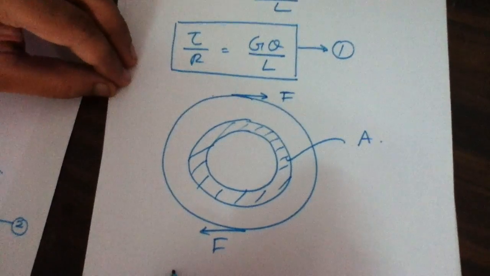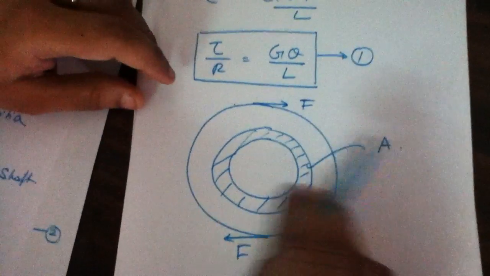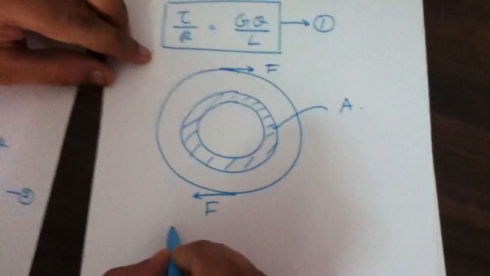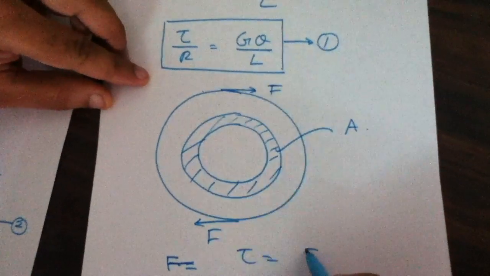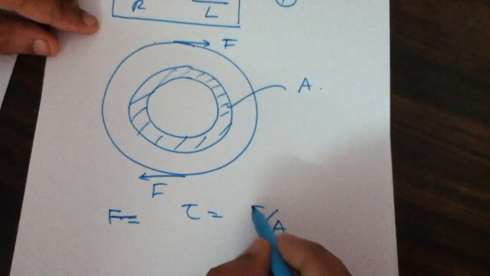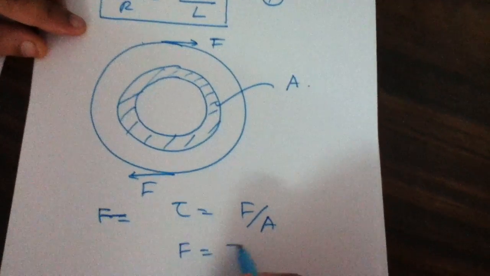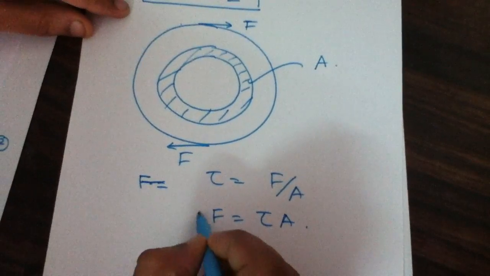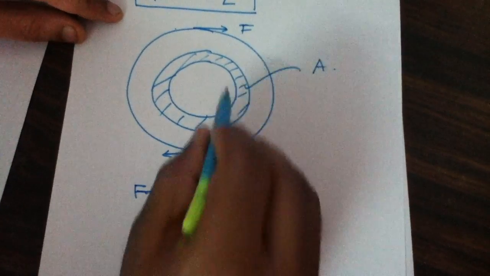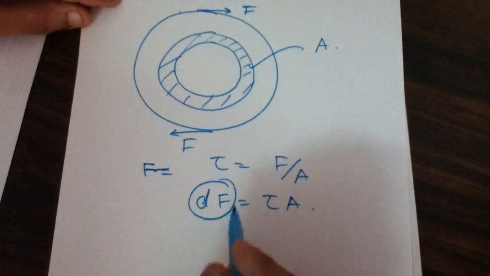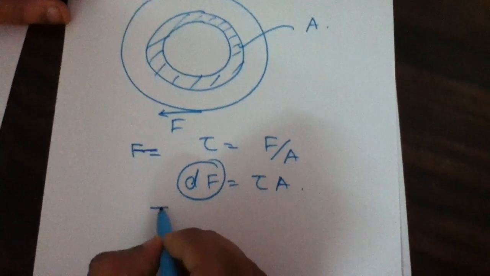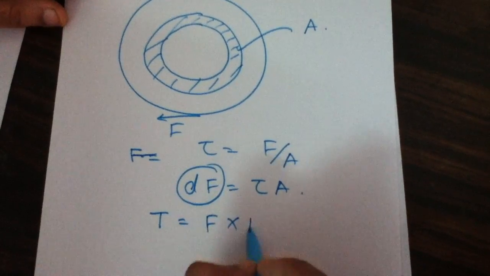So we are applying this force, we are producing torque. So shear stress is equal to force per area for this section, and this force is equal to shear stress into A. This is actually a small force, like the force acting in this area, so I am taking it as dF. Now torque is nothing but force into radius.